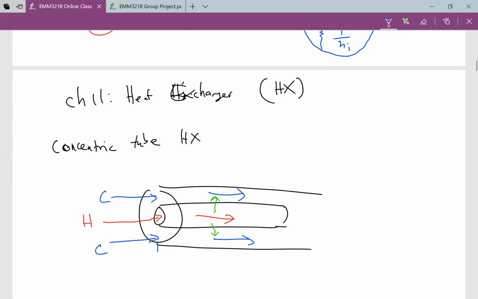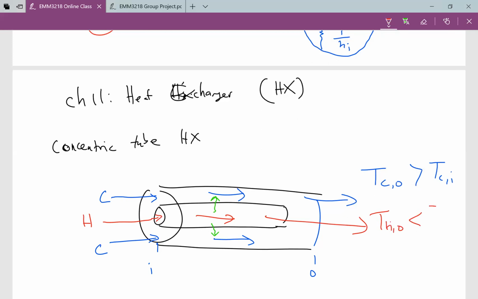Let's call this inlet and this outlet. The cold fluid at the outlet will be greater than the cold fluid at the inlet, of course, because it gains heat from the hot fluid. The hot fluid is the opposite: the hot fluid at the outlet will be less than the hot fluid at the inlet. That's the general idea.